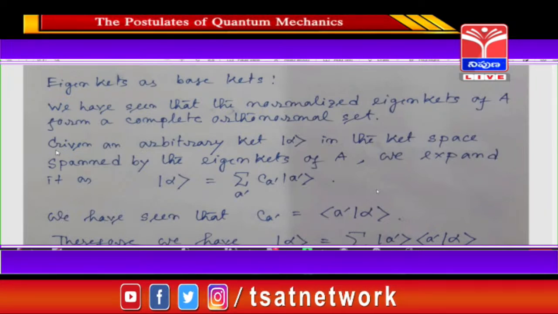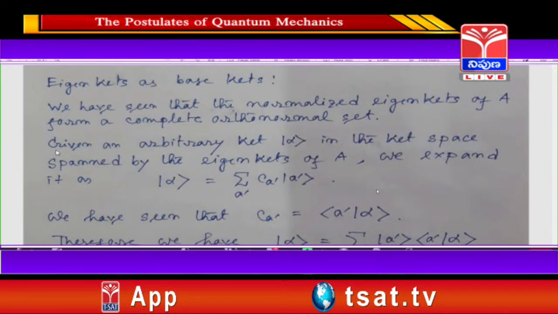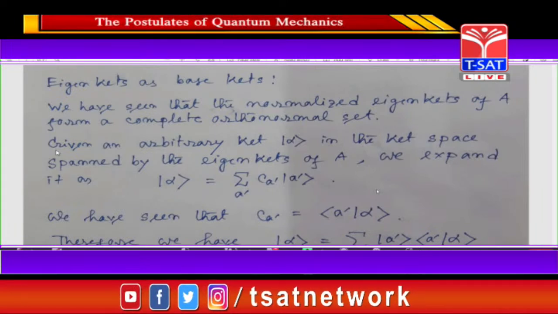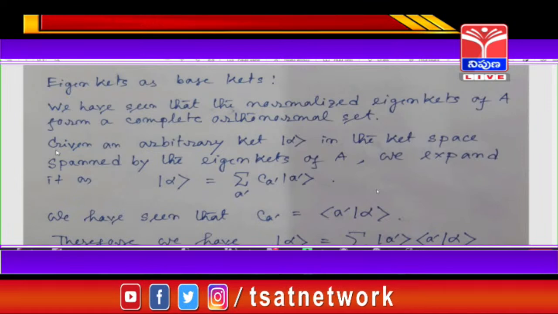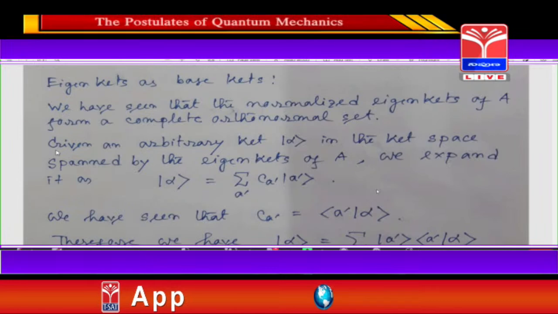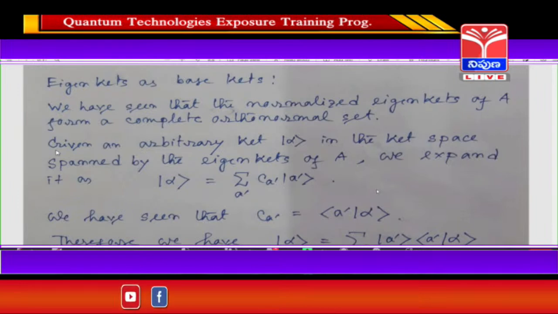To have a complete description of any vector in that given Hilbert space by these orthogonal vectors, we need to have all of them. All of them complete the set, which is therefore called the complete orthonormal set of vectors. Then any vector in that given Hilbert space can be described in terms of that complete orthonormal set.